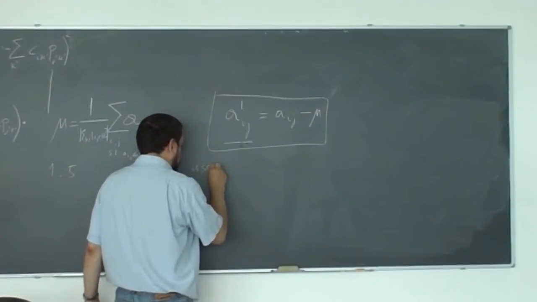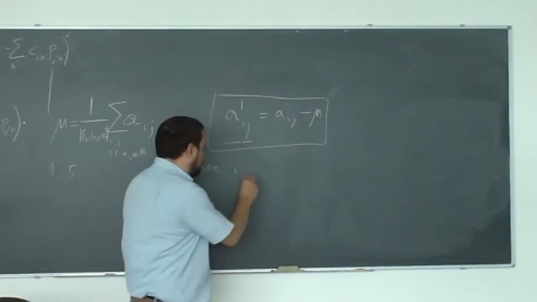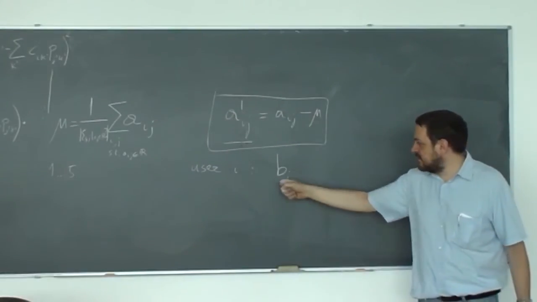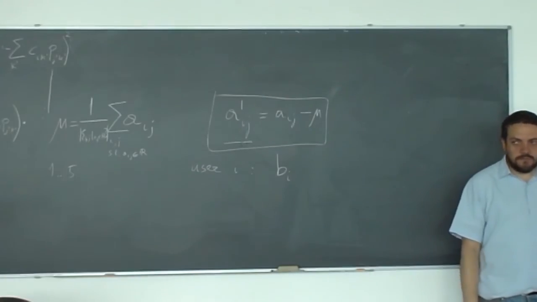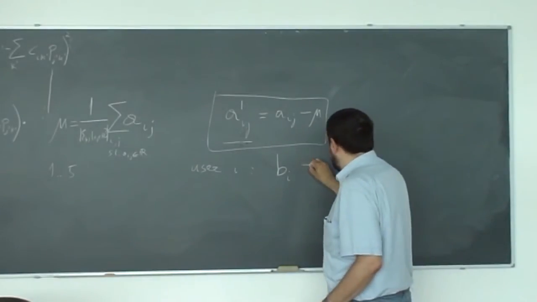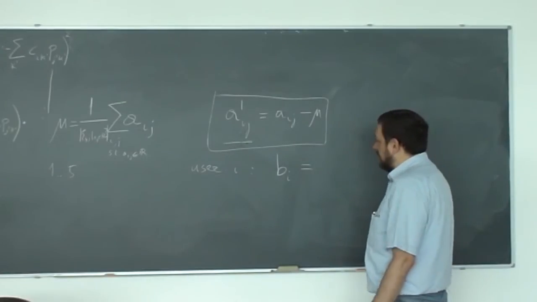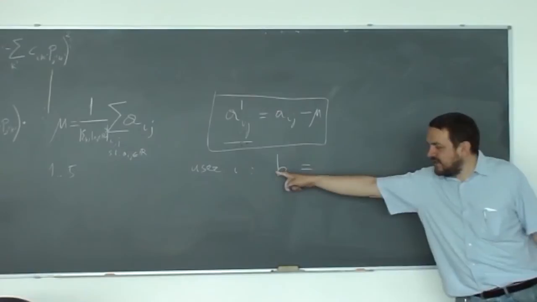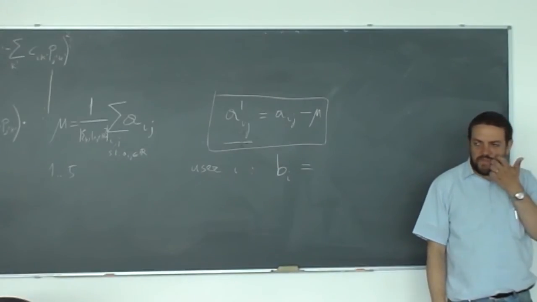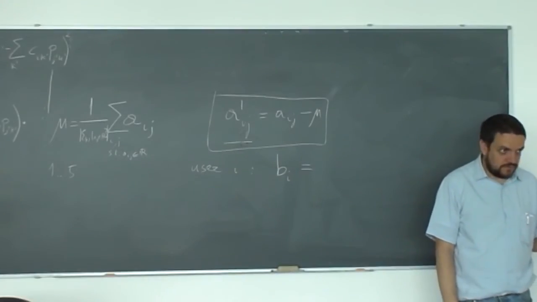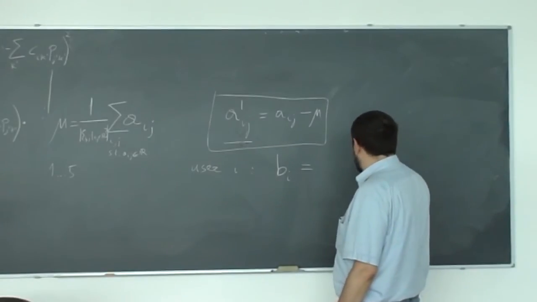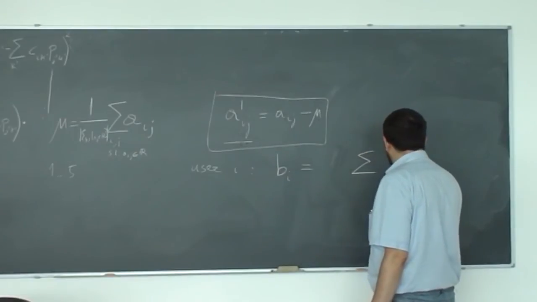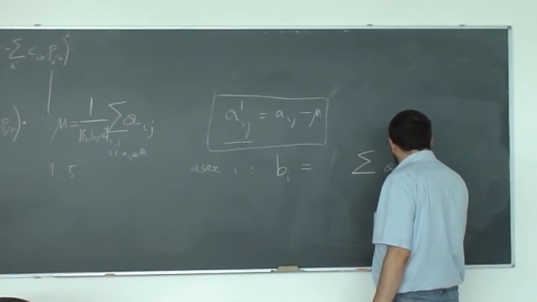So, if you take user i, you can compute the bias of user i, let's call it b_i, as the arithmetic mean of his votes, of his normalized votes. So we sum all A prime ij.